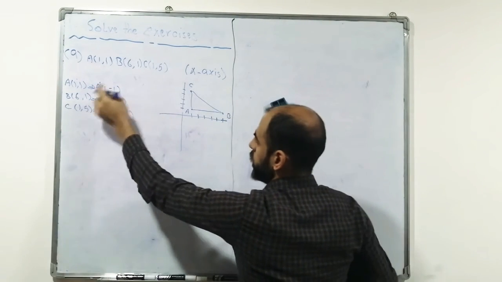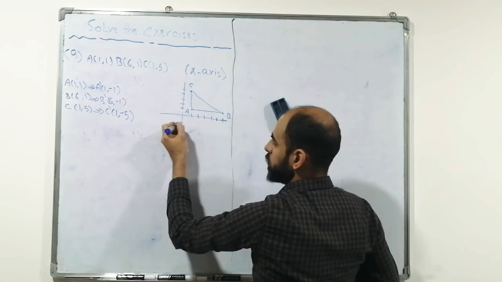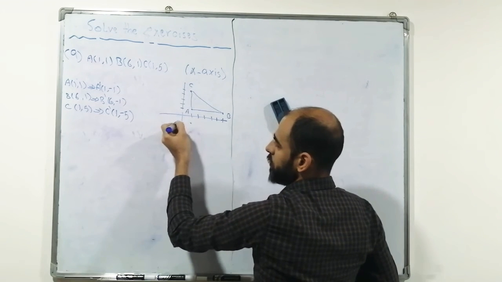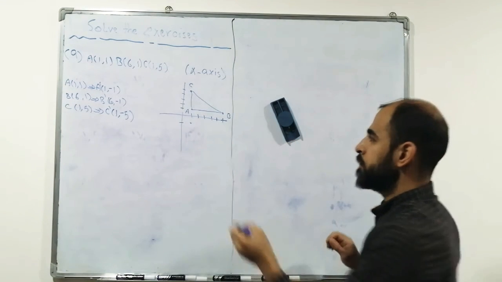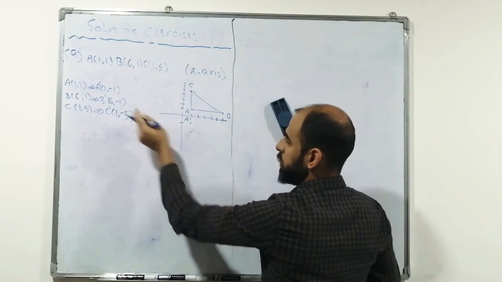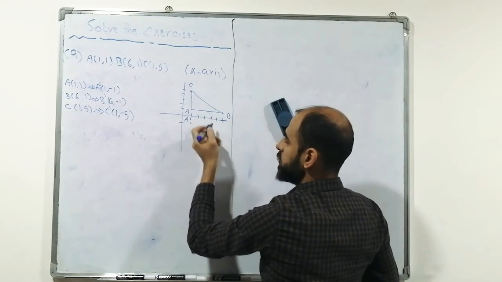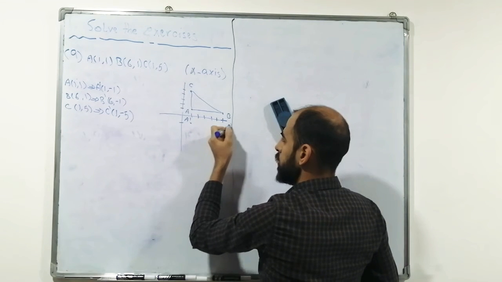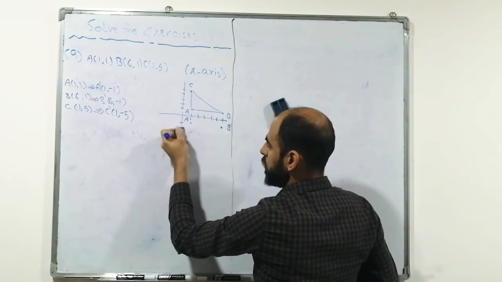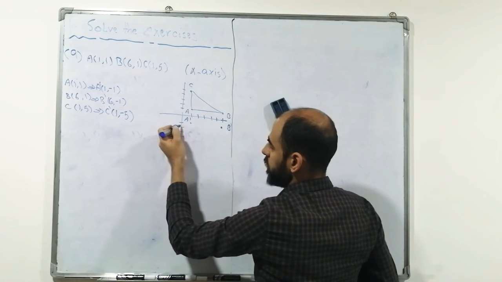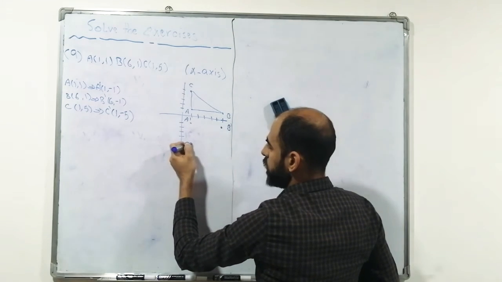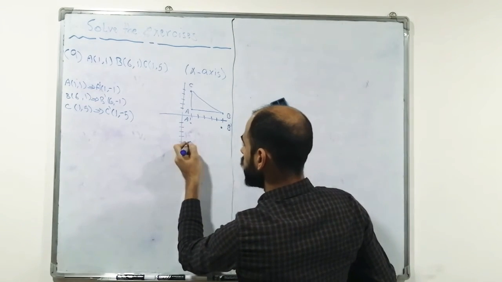Now determine these points in the coordinate plane. A dash: x is 1 and y is -1, so you go downward. B dash: 1, 2, 3, 4, 5, 6, then -1. And C dash: x is 1 and y is -5, 1, 2, 3, 4, 5. This is C dash.